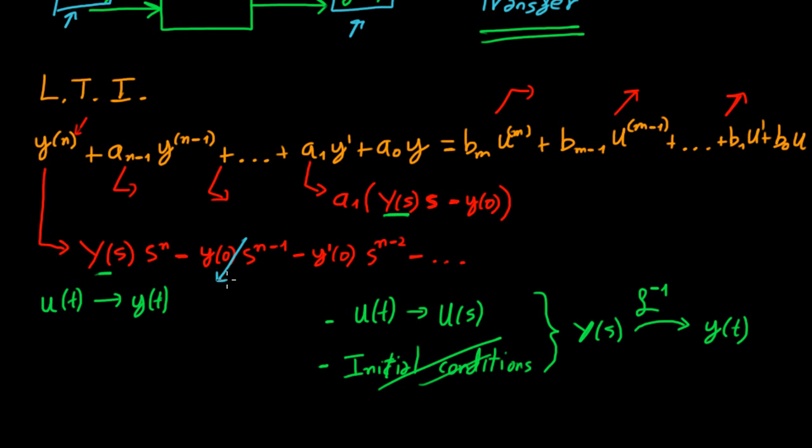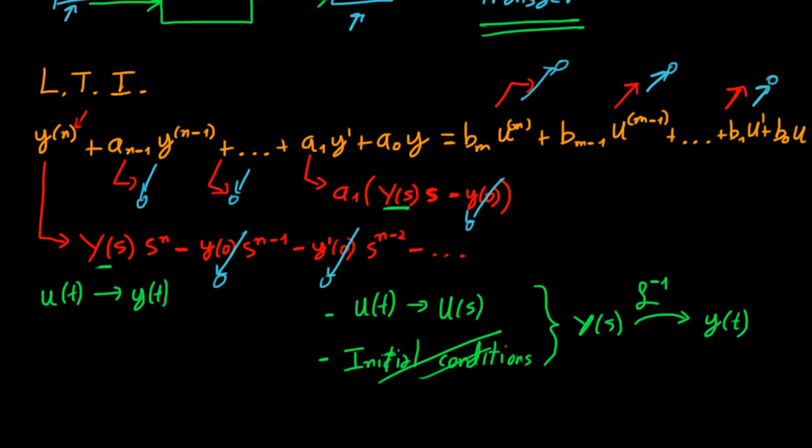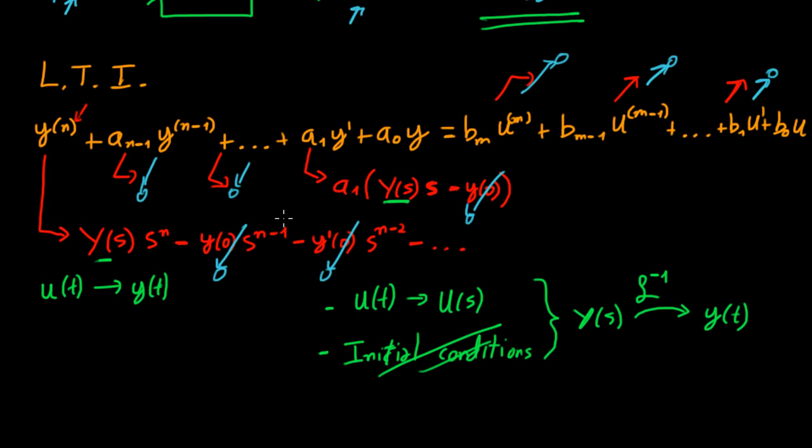So this is 0, and this is 0, this is 0, and the same happens in all the rest of the terms. There are a lot of initial conditions which now are 0. In a way, this is like assuming that the system is at rest at the moment in which we apply the input u of t.